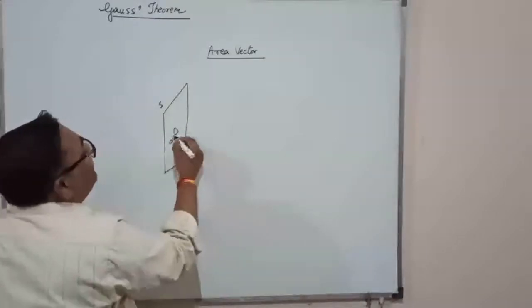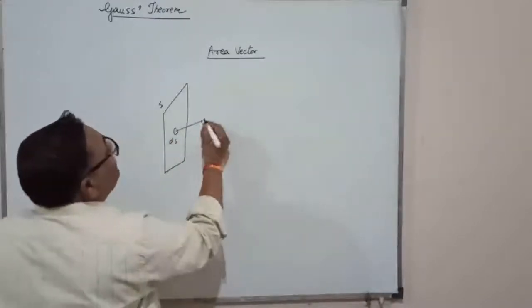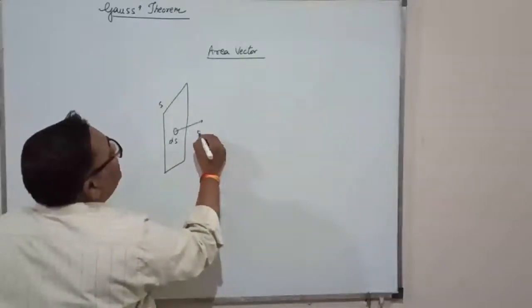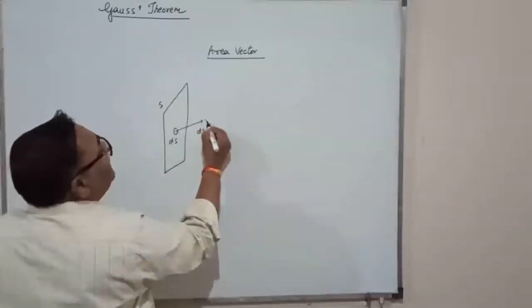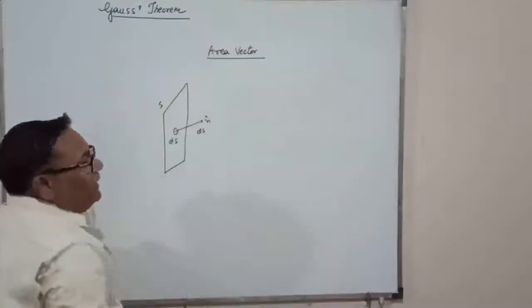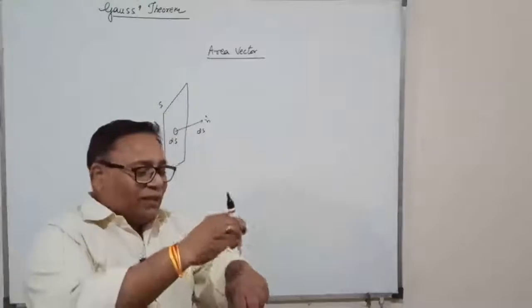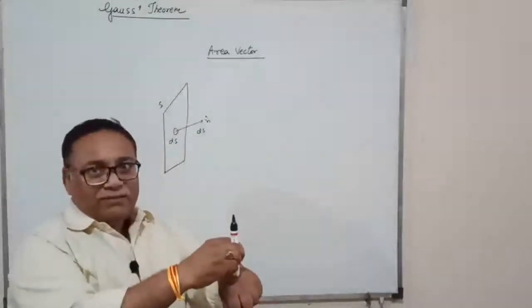Then the area vector of ds has a length or magnitude equal to ds and a direction perpendicular to the area. Clear?